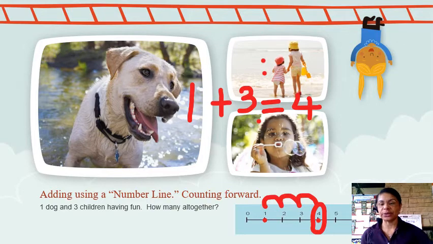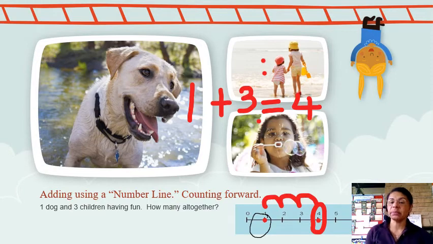How many altogether? I got my number line down here, and I started with 1. Right in here, I started with 1 because there was one dog. And then I counted on. I hopped forward 3 times. Why? Because there are 3 children.